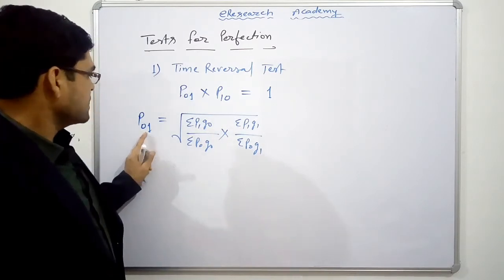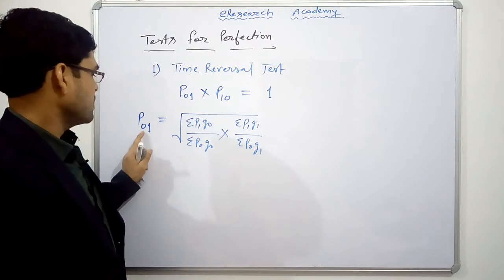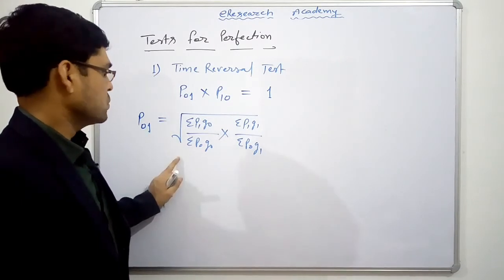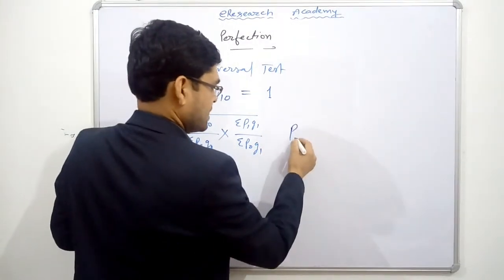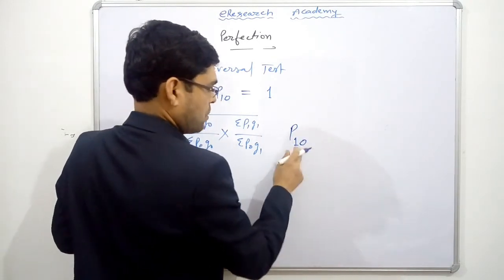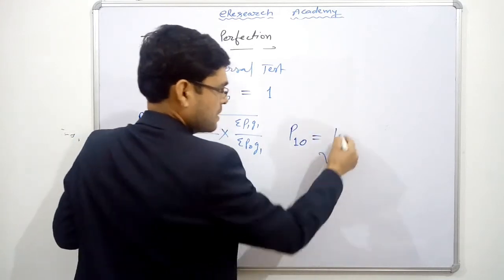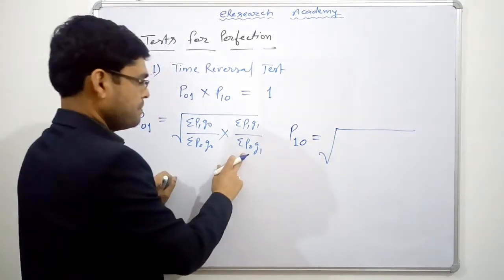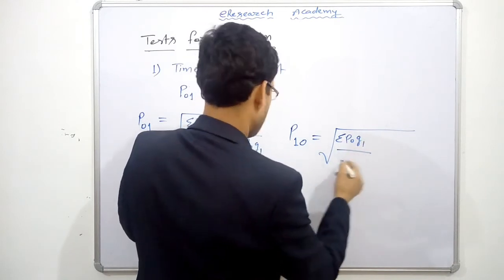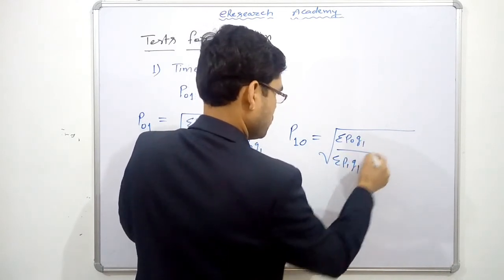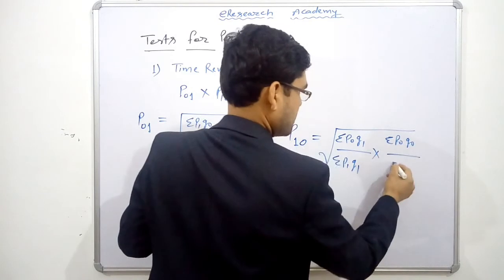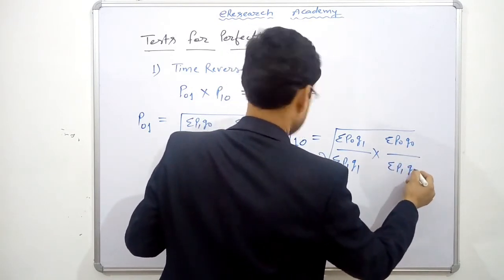If we construct the index number for year 0 taking the base as year 1 with the same data, our price index for year 0 on the basis of year 1 will be simply the square root of sigma P0 Q1 upon sigma P1 Q1 into sigma P0 Q0 upon sigma P1 Q0.